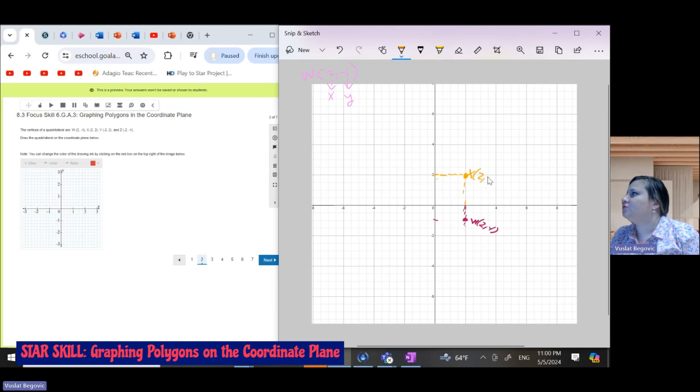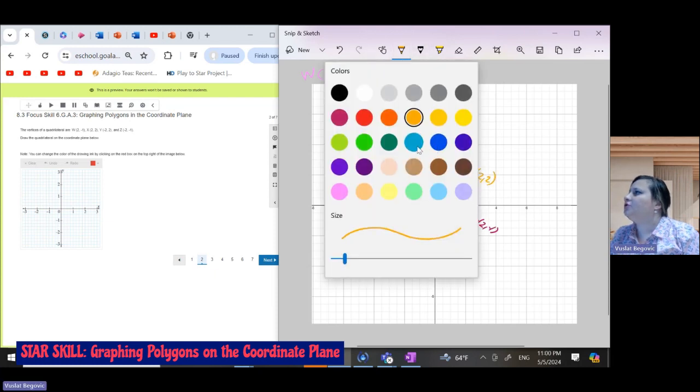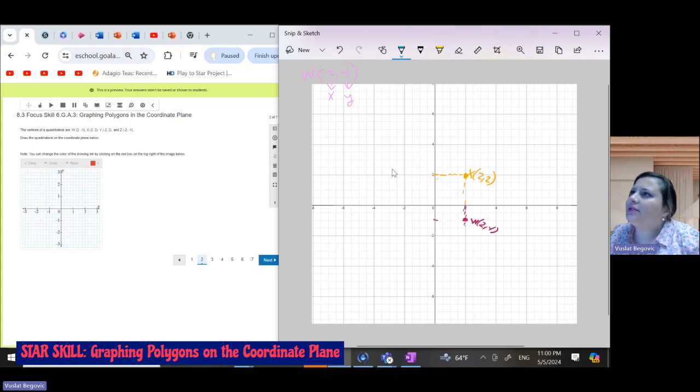And then I will choose blue and look at the next one, (-2, 2). On the x-axis I will go to -2, and then go up until 2. So this one is (-2, 2).